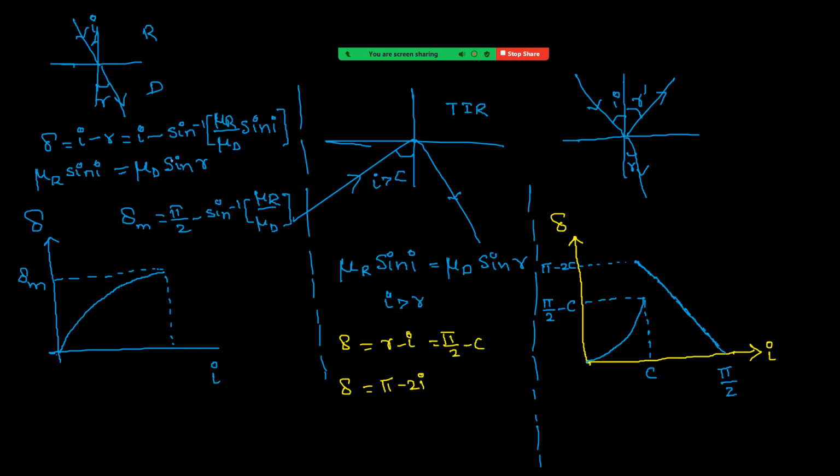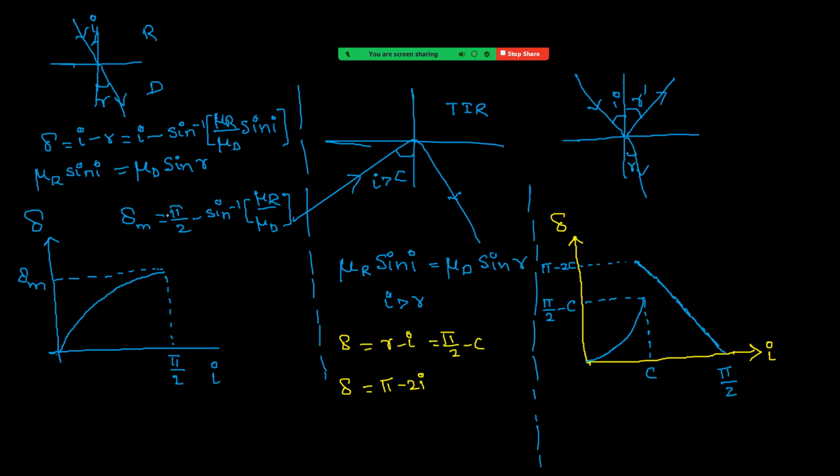See carefully once. The meaning is that I value is slightly less than 90. Then only we have refraction. Because if you take exactly 90, no refraction. So this is now 90. This is the deviation versus angle of incidence when the light ray travels from rarer to denser medium.